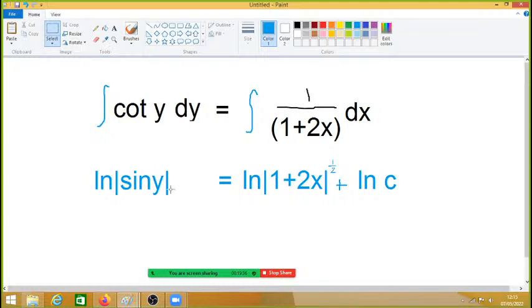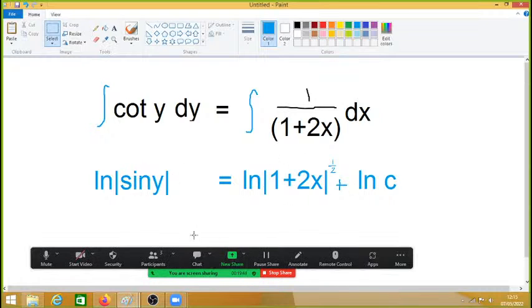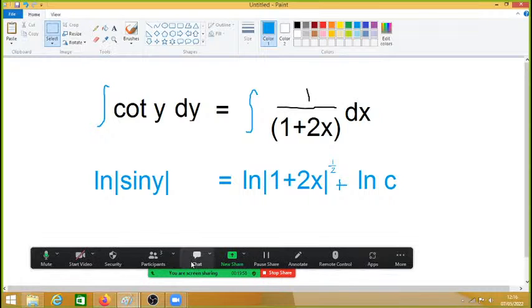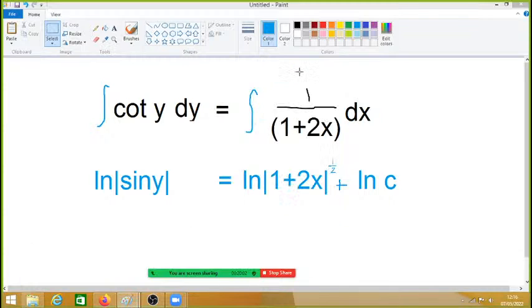We can't just get rid of the natural logs at this stage, because to do that you have to have only one of them on each side. So what do we do? Okay, what we use here is not take it to one side, but combine.